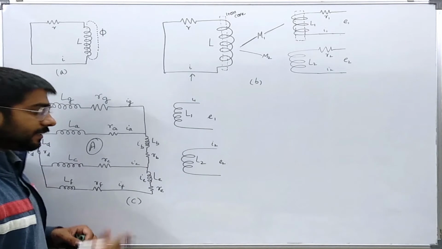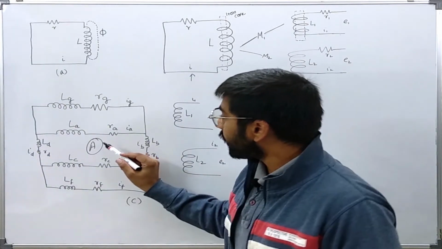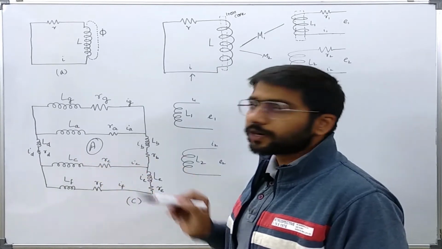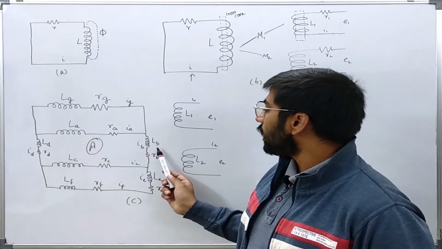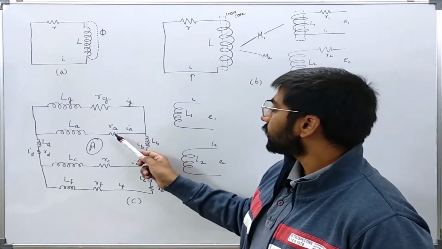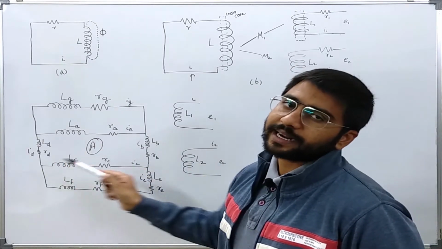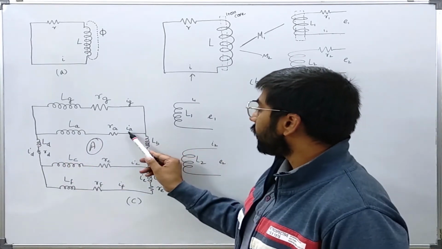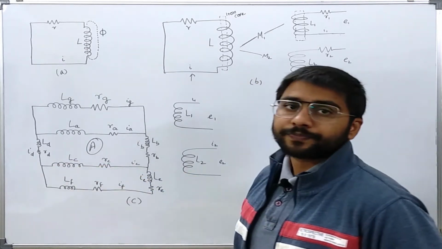Now in this circuit C, what I have done is shown a circuit A, which is a closed circuit comprising self-inductances LA, LB, LC and LD, resistances RA, RB, RC and RD, although we will neglect those, and currents IA, IB, IC and ID.